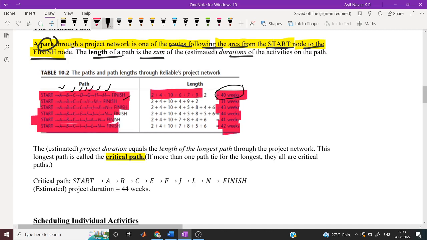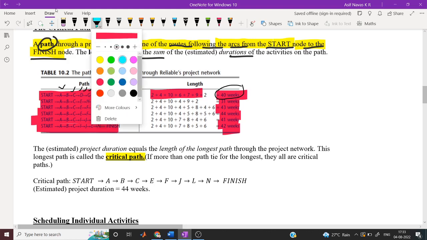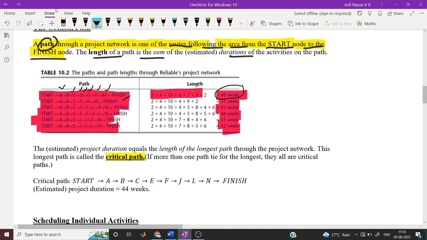Now from here, which has the highest value? Which has the highest value, 44. Then the corresponding path is the critical path.